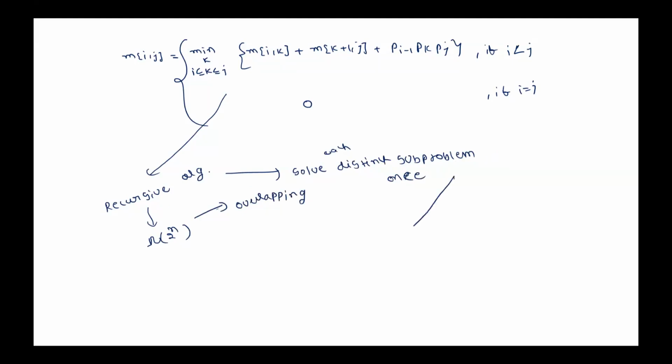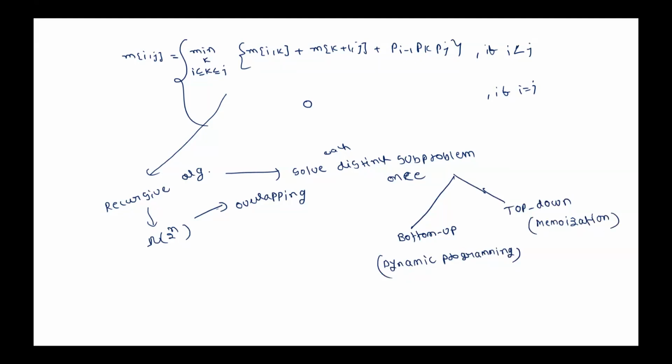This we can do in either a bottom-up method or a top-down method. If we do it in the bottom-up method, this is called dynamic programming. If we do it using the top-down method, it is called memoization.